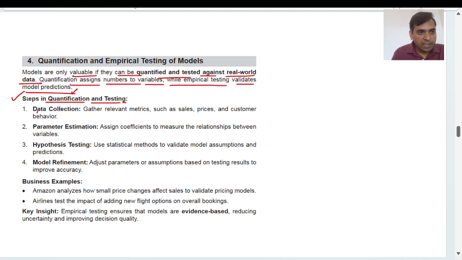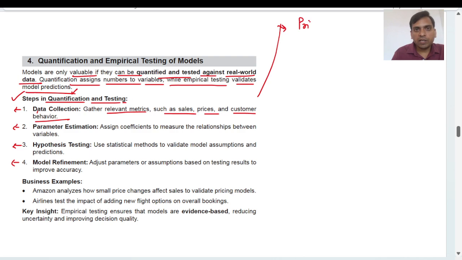So now the steps in quantification and testing. First step is always data collection. Second is parameter estimation. Third is hypothesis testing, and then model refinement. Okay, so first is data collection. Data collection is gathering relevant metrics such as sales, price, customer behavior. In data collection, basically there are two methods.